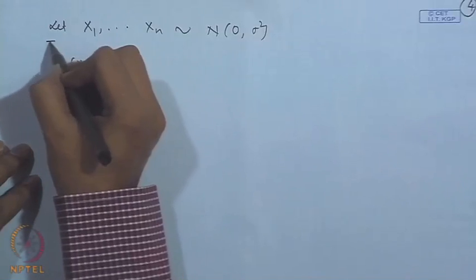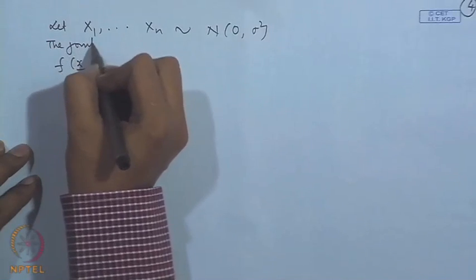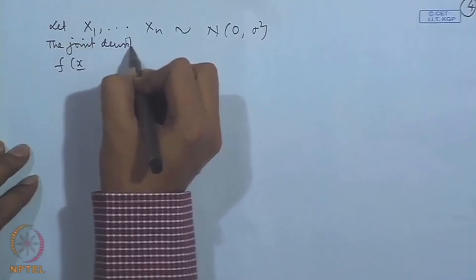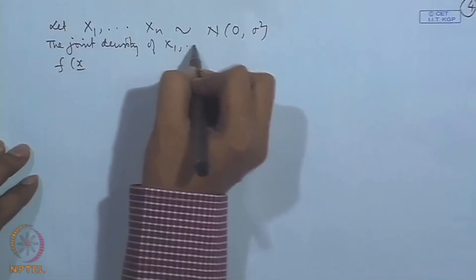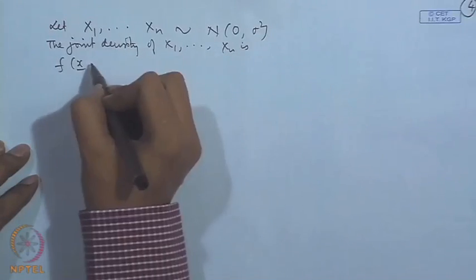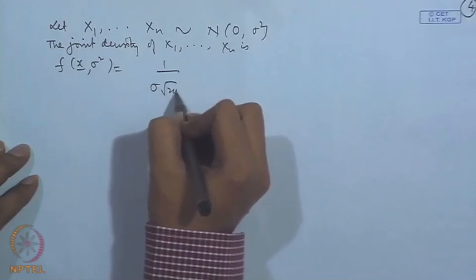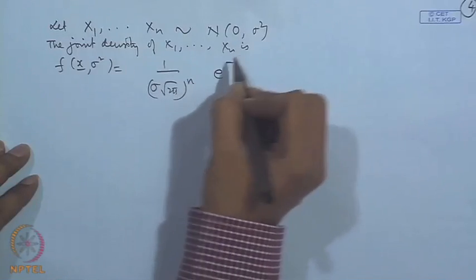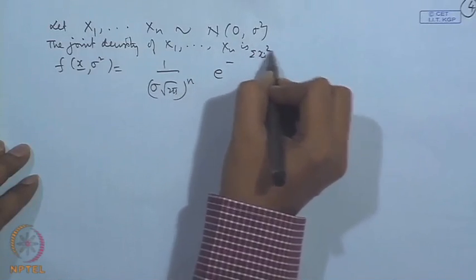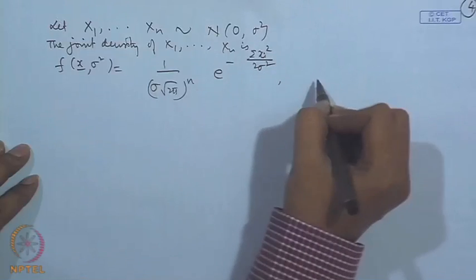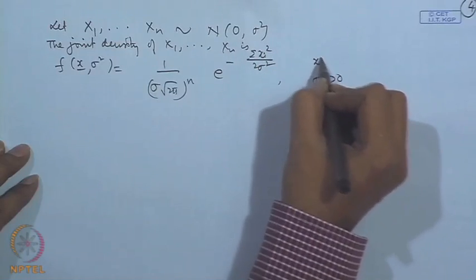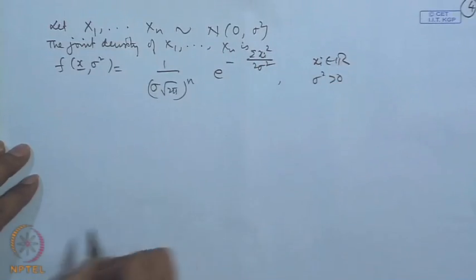The joint density of x 1, x 2, x n will become 1 by sigma root 2 pi to the power n, e to the power minus sigma x I square by 2 sigma square, where sigma square is positive and each x I is on the real line.